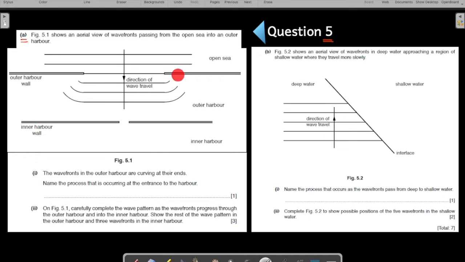So you put some barriers so that the wavefronts which are coming from the sea calm down, they are under control. So you see 2 barriers being put, one barrier and then the second barrier. The outer wavefronts are curving at the end. Name the process that is occurring at the entrance to the harbor. What is this curving process called? It's a 1 mark question. Just give the name. Diffraction.